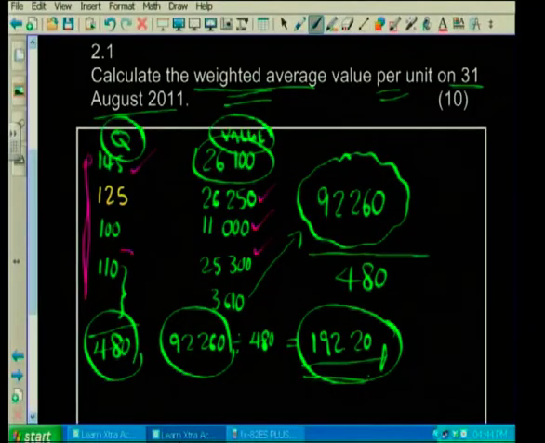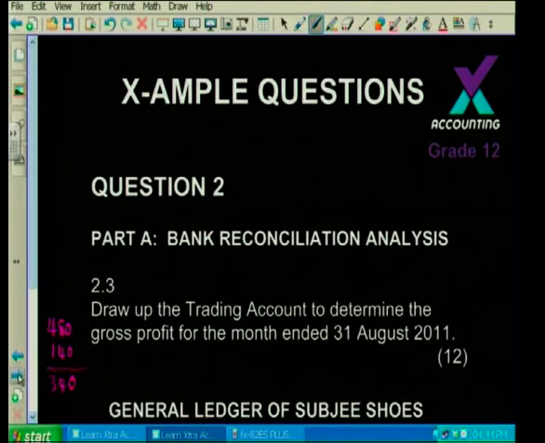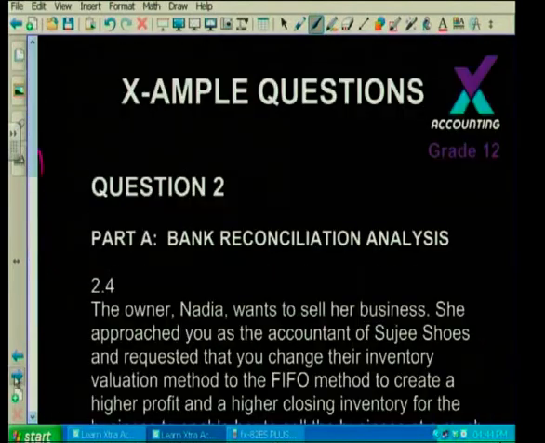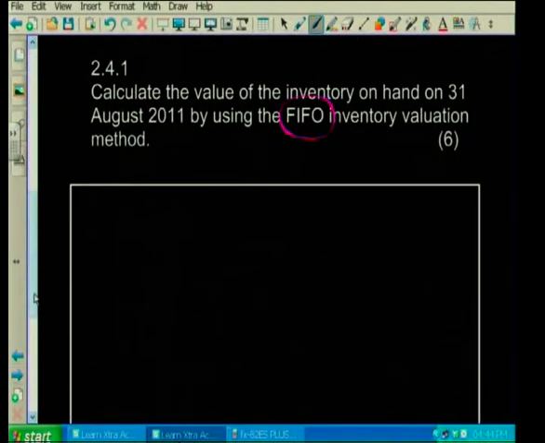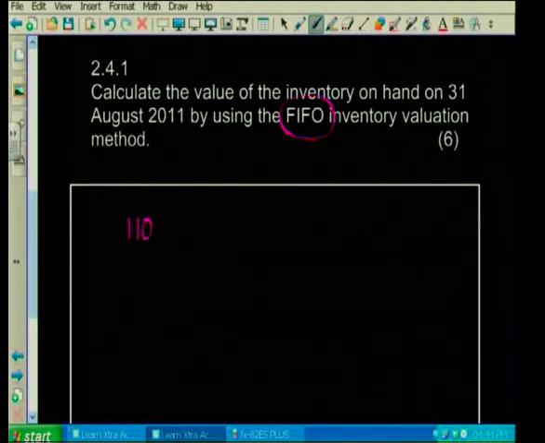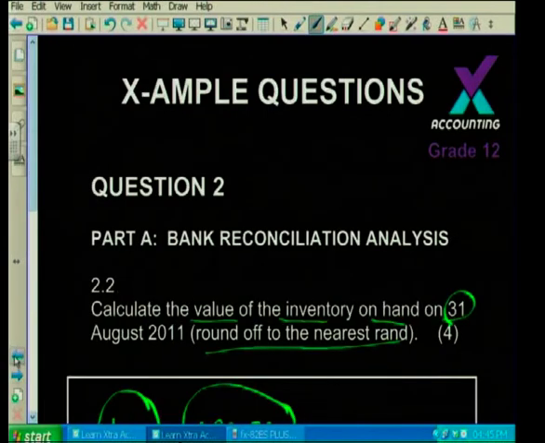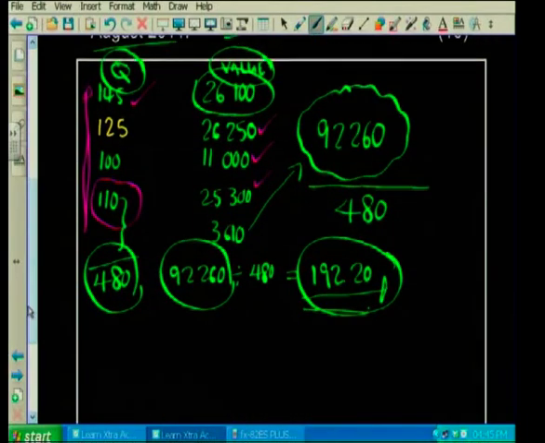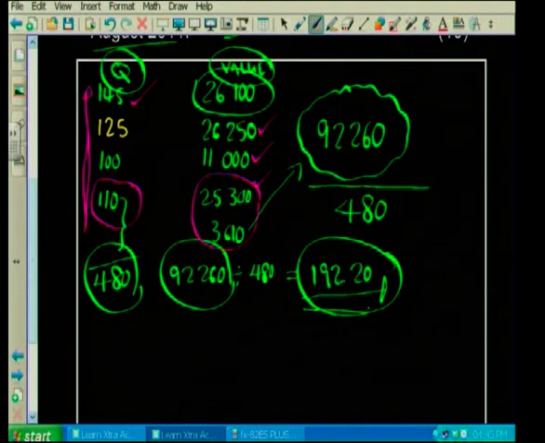I start off with this 110, right? I say 110 pairs, multiplied by, let's go back and get our values there. Remember, it was 25,300, not forgetting the 3,610.